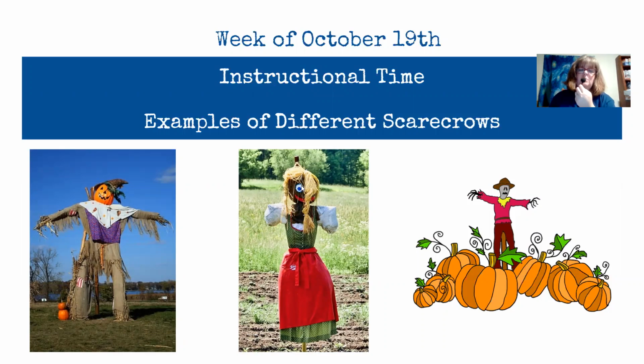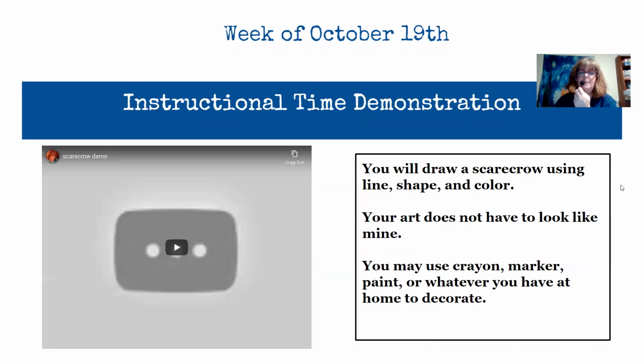Now, the one in the middle, they use straw or raffia, and they created braids for the hair. You can see they used an old apron and a dress. And the one to the left, they used a pumpkin for the head. And notice the hat. We're going to talk about different hats and things that you can do for details in the next short video.